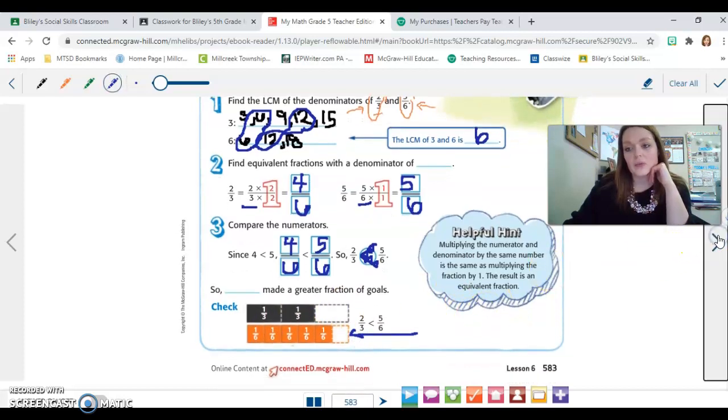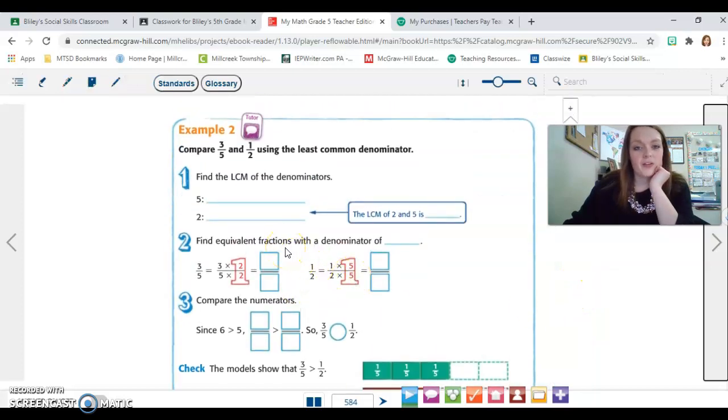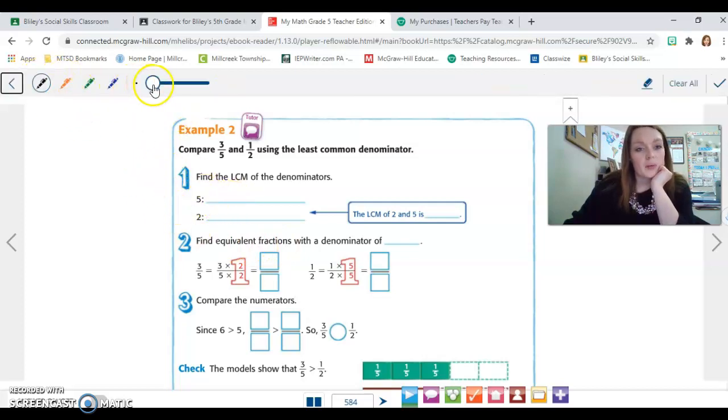All right, let's look at example 2. It says compare 3/5 and 1/2 using the least common denominator. So first we're going to find the LCM. I'm going to start with 5: 5, 10, 15, 20.